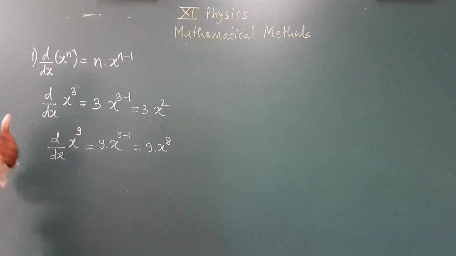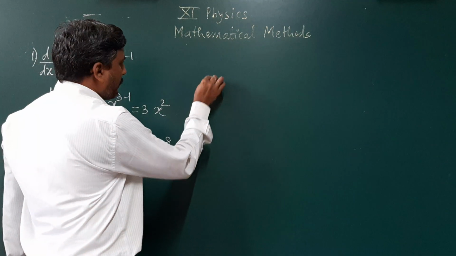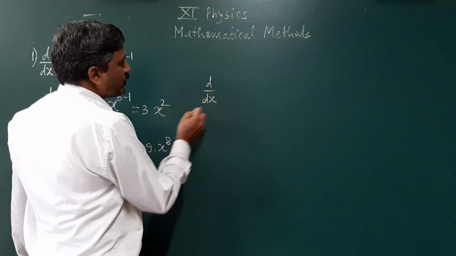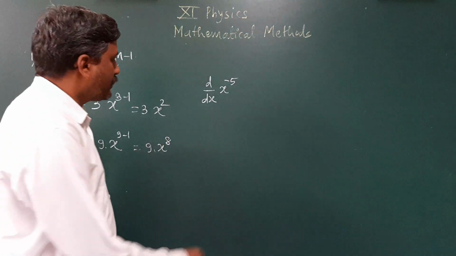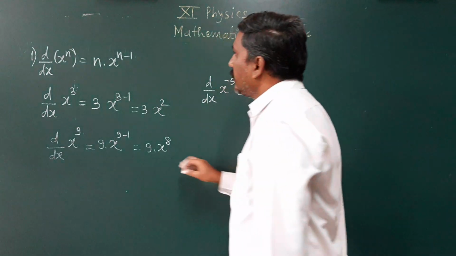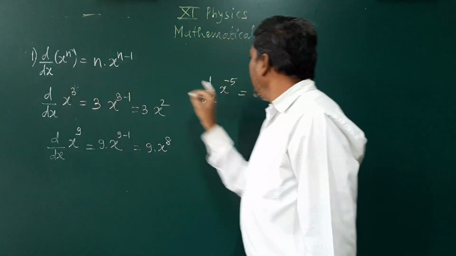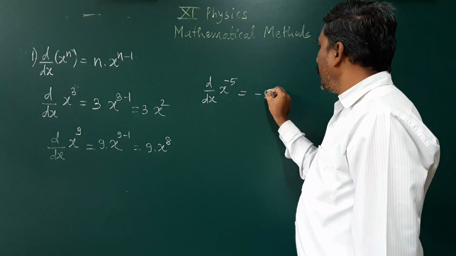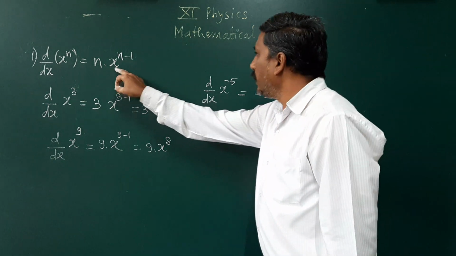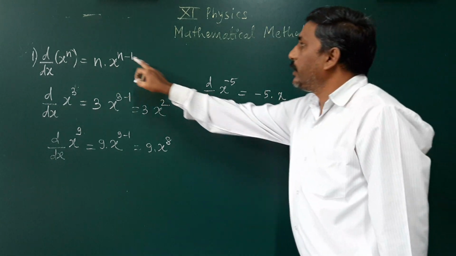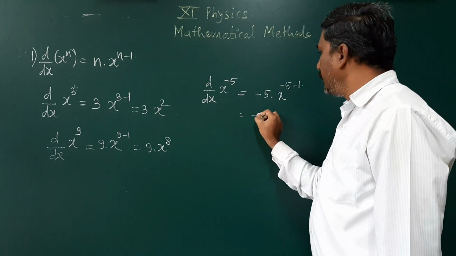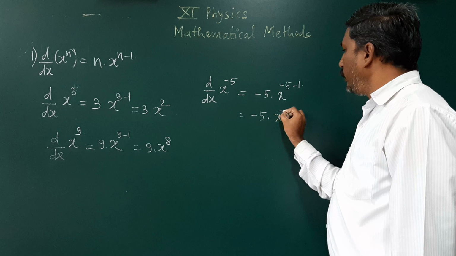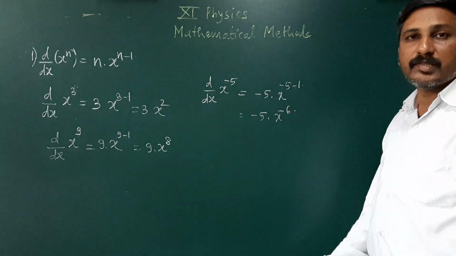Suppose the term is like this, d by dx of x raised to minus 5, then how do you solve this? Compare with this. Here n is minus 5, so minus 5 as it is into x raised to n minus 1, so minus 5 minus 1, so the answer becomes minus 5 into x raised to minus 6.